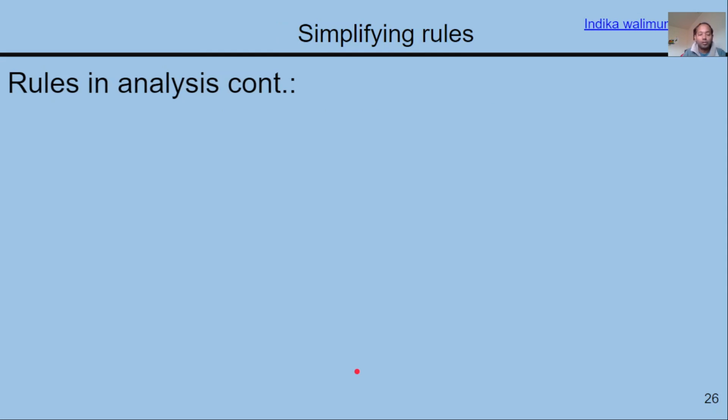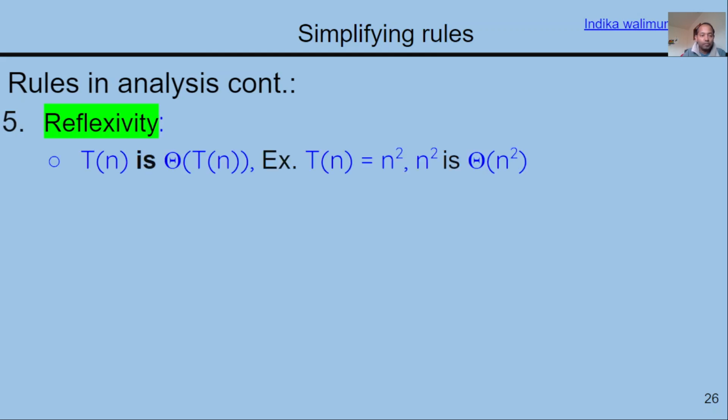All right. Continuing with rules of analysis. Reflexivity. So T(n) is in big theta of T(n). If we have a growth function, it is in big theta of itself.